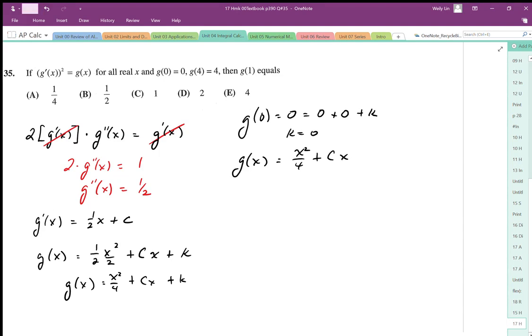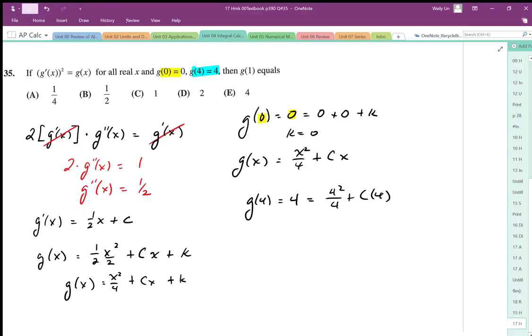So I've used this to generate that. I'm now going to use the other relationship. g of 4 is equal to 4. So g of 4 is equal to 4, which is equal to 4 squared over 4 plus c times 4.